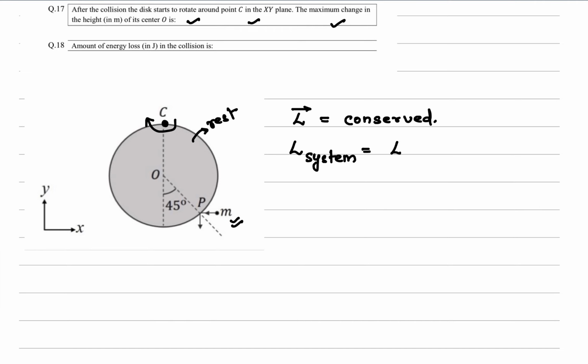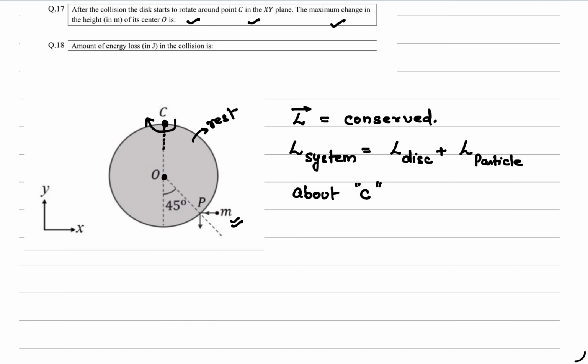The disk as well as the particle. About which point do we take the angular momentum? About C. It is convenient to take this conservation about the point C. So what is the initial angular momentum of the system? Let's talk about the distance firstly.